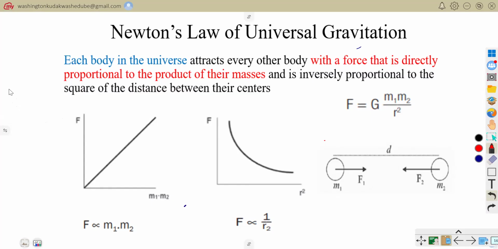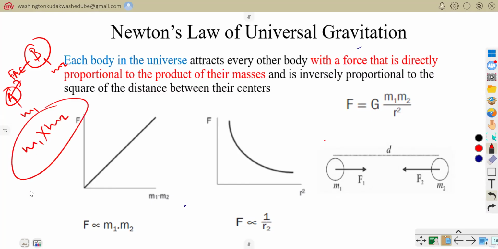Let's say you've got one body here, body A, and another body here, body B. It simply means that each body, either body A or body B, attracts the other body with a force. The force of attraction in between these two bodies is directly proportional to the product of the two masses of these objects, which is to say the product of mass 1 times mass 2.